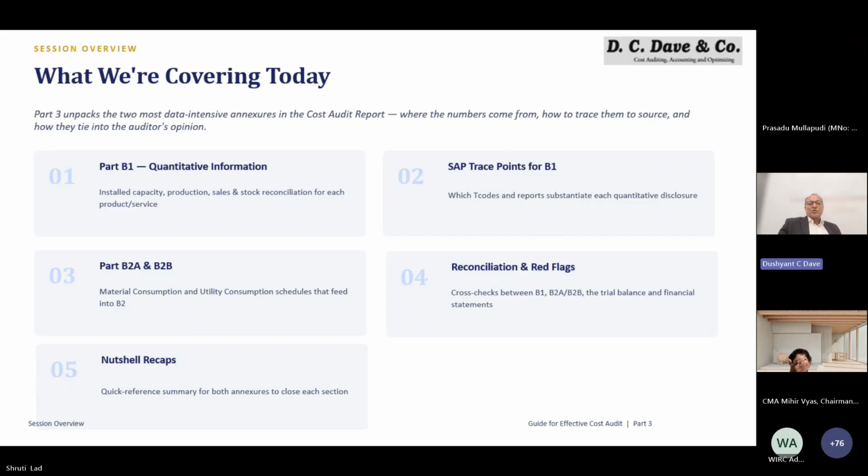Professional judgment begins only after documentary evidence has been obtained, not before that. We are not exercising any judgment on whether we need a particular document or not. Document is a must, and then we arrive at our professional judgment. I'll be giving you practical examples on that.